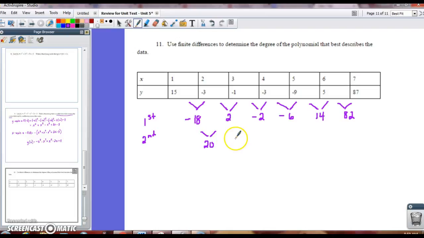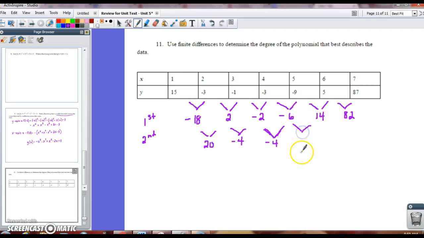-2 minus 2 gives me -4. Here I have -6 minus -2, and that gives me -4.